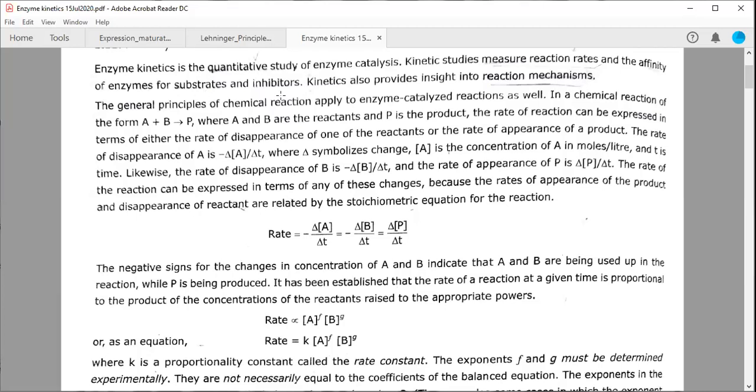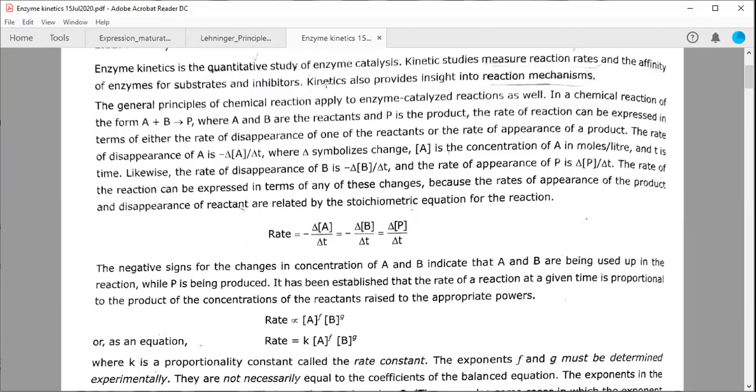So there are two things we are going to deal with. First, we will measure the reaction rates, how fast a reaction can be, with respect to the substrate concentrations. And second is the affinity with which the enzyme will bind either the substrate or the inhibitors. These inhibitors are some substrate analogs, so they are able to occupy those active sites where the substrates are going to bind on the enzyme.